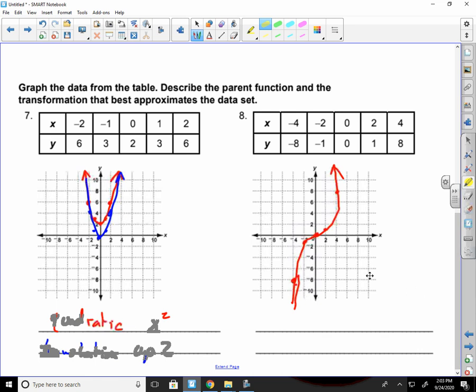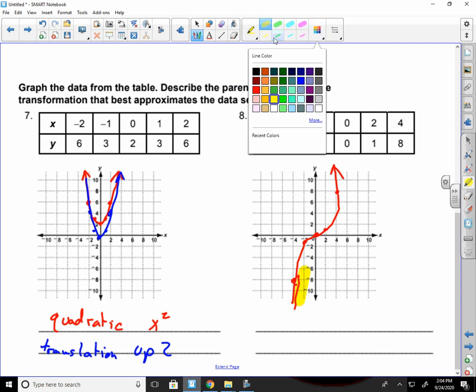It wants to know what's being changed. This is going to be a horizontal stretch because it's pulled out further than the original. The original would have come up like this. Oops. Gonna need a pen again.